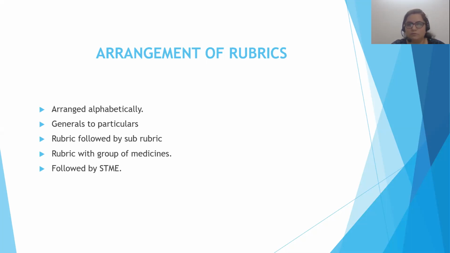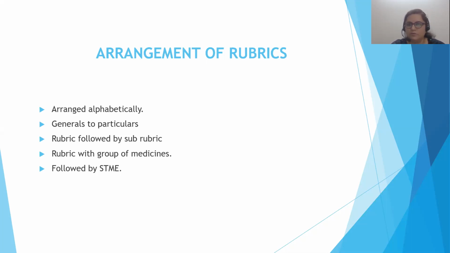So I request all of you, till the next session, go through this repertory again and again, read different rubrics again and again. Just take one page and see how the rubrics are followed. Even if you read one or two pages on a daily basis, you will be able to understand this very clearly.